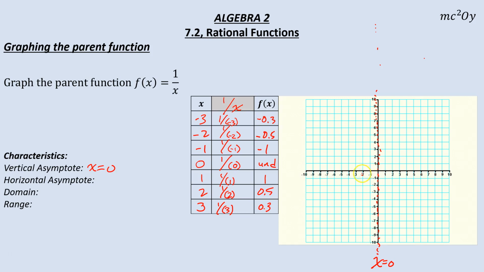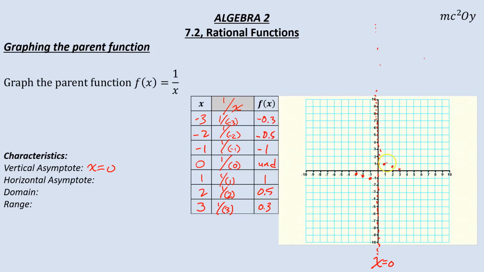So we have negative 3, negative 0.3; negative 2, negative 1/2; negative 1, negative 1; 0 is undefined; 1, 1, which skips over to here; 2, 0.5; and 3, 0.3.